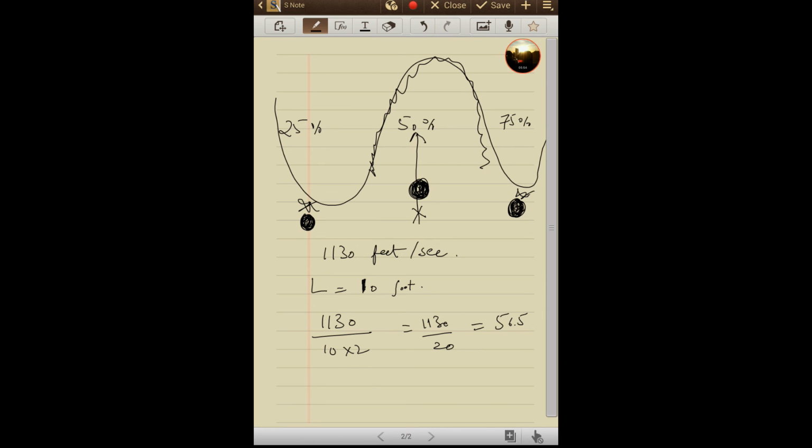So 56.5 hertz would be extremely loud here in the 50% region of the room, and 56.5 hertz would be extremely low, or it would cancel itself, in the 75% and 25% regions.